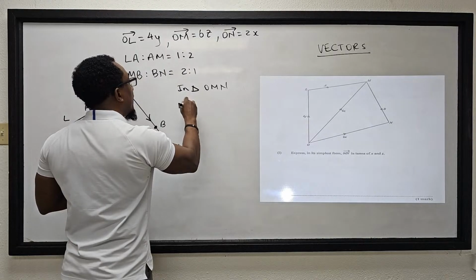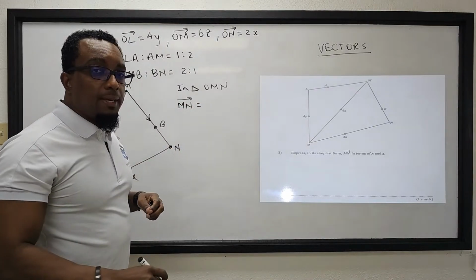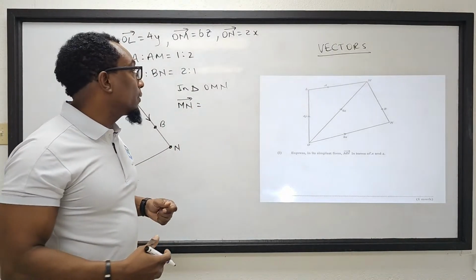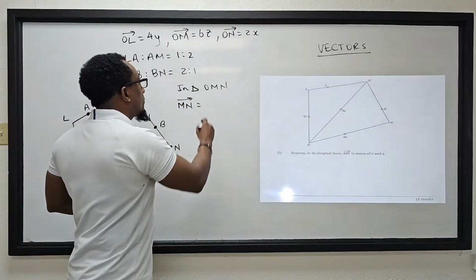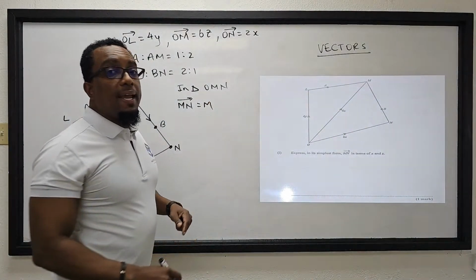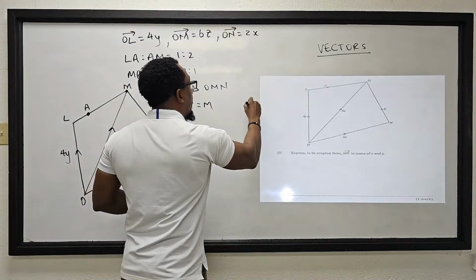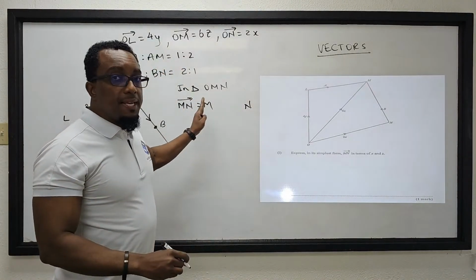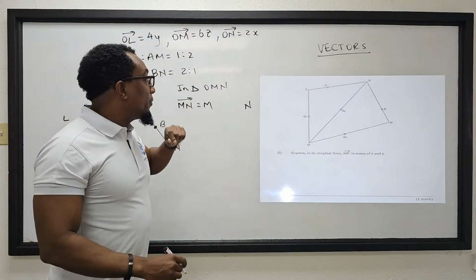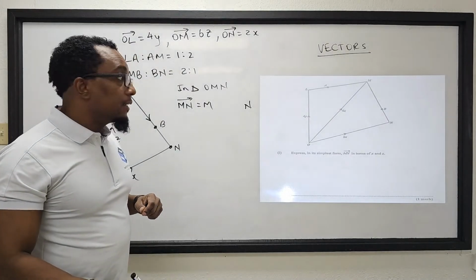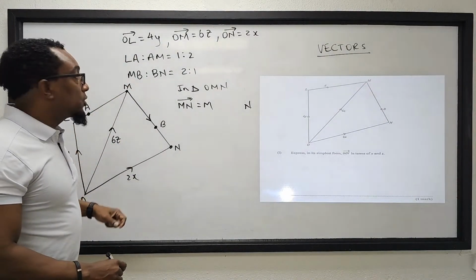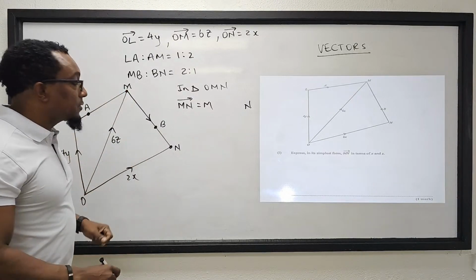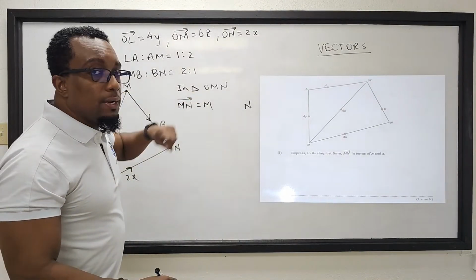I'm creating an equation based on the triangle law. I'm going to start with M, end with N, and I must have two of the same letters in the middle separated by an addition sign. Because we are dealing with triangle OMN, we want to ensure that these three vertices, O, M and N, are shown in our equation.